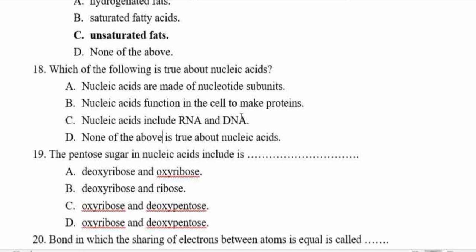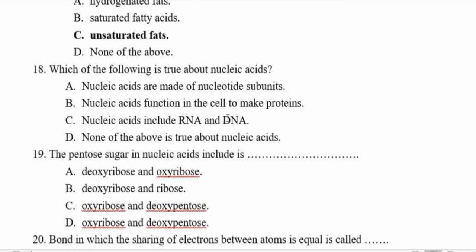So, deoxyribonucleic acid, and then ribonucleic acid. One has a ribose sugar, and then the other has deoxyribose.